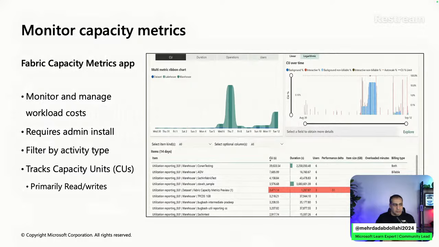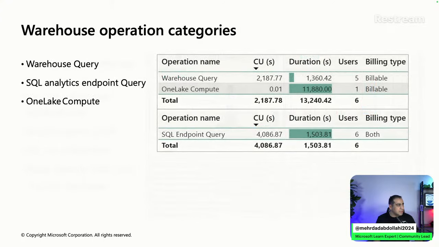We talked about warehouses in Fabric, but there are some possibilities of monitoring the capacity activities, about the cost or the admin stuff that I'm not going to talk about now because it is not the subject of the DP-600.